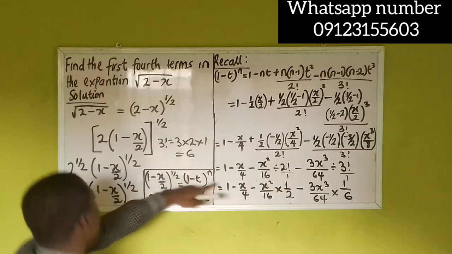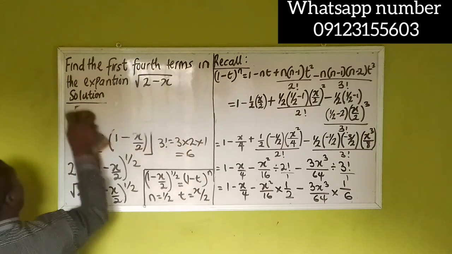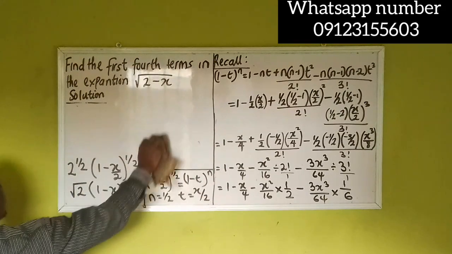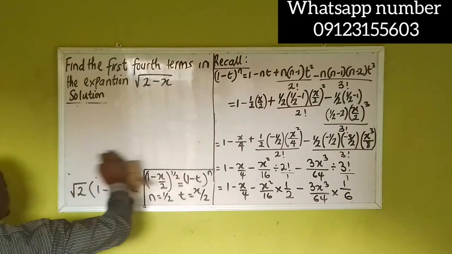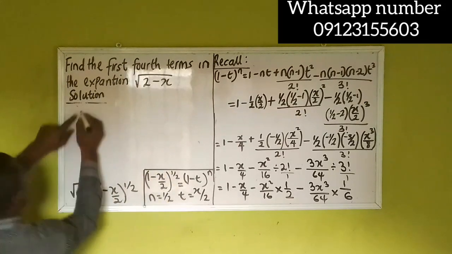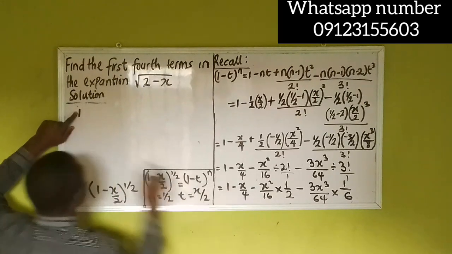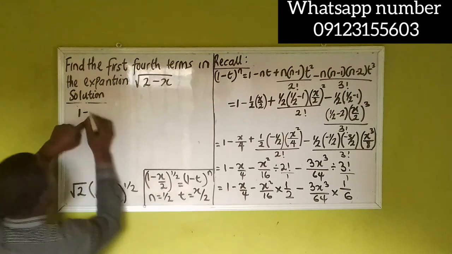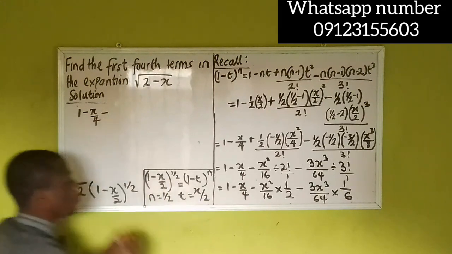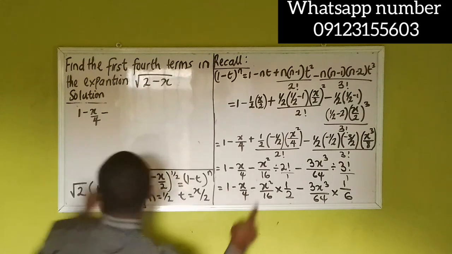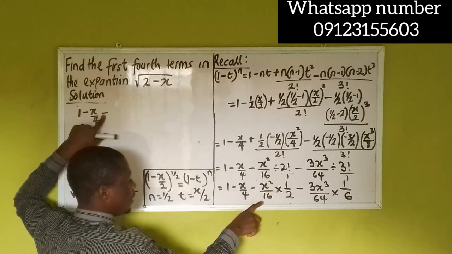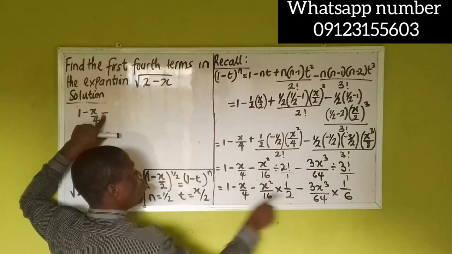Alright, if I proceed, if I simplify that term, I'll be having 1, minus x over 4, minus, don't forget something please, minus. Alright, we have x squared over 16, multiplying 1 over 2.